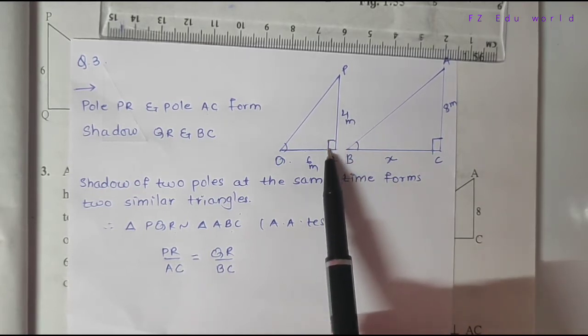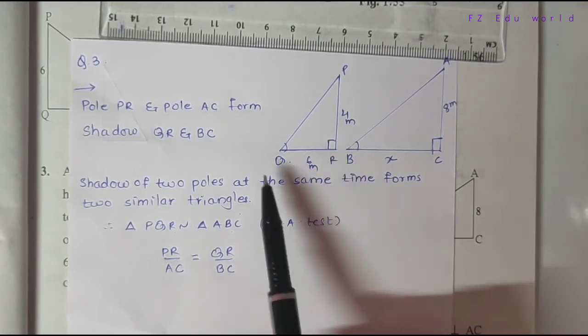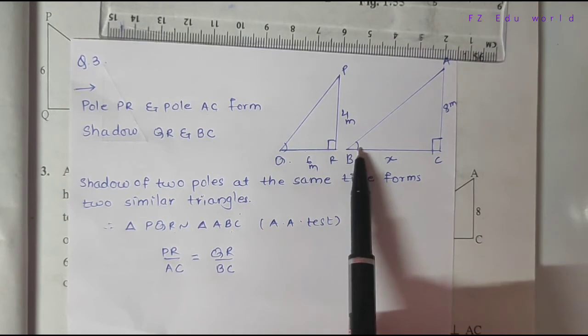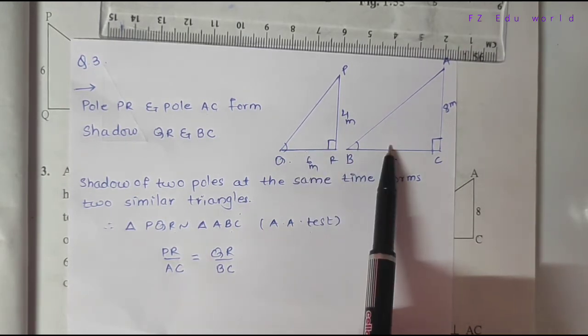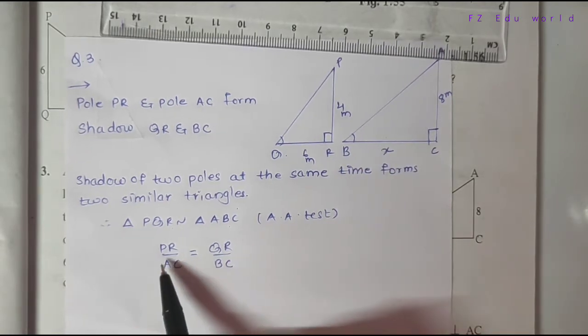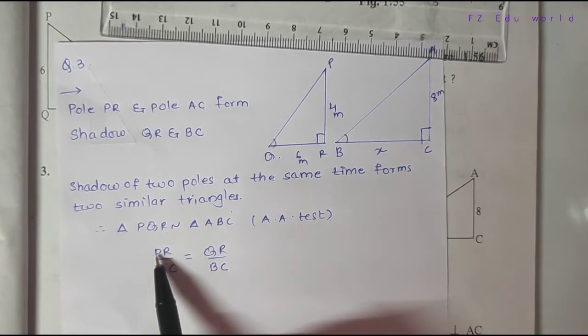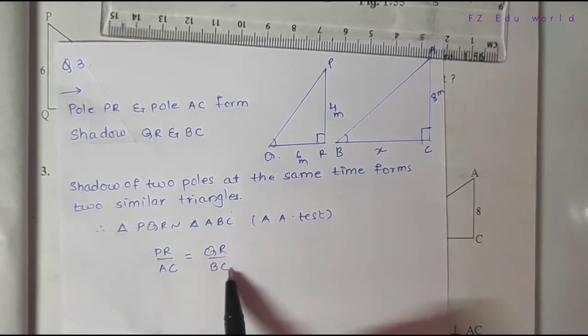This angle is 90 degrees and this angle is congruent. So by angle test, these two triangles are similar. So we can write their sides in ratio. PR upon AC is equal to QR upon BC.